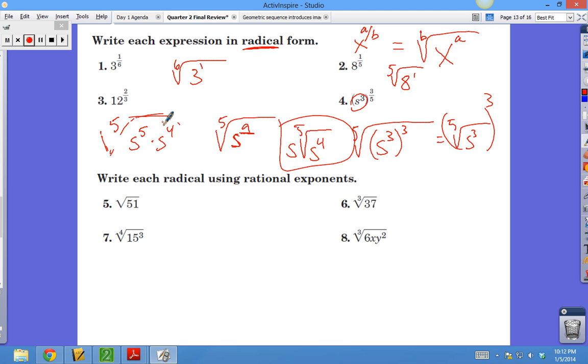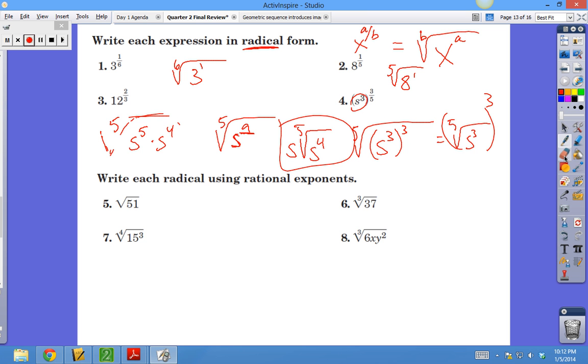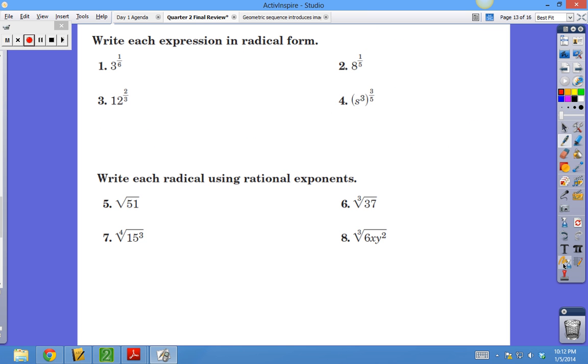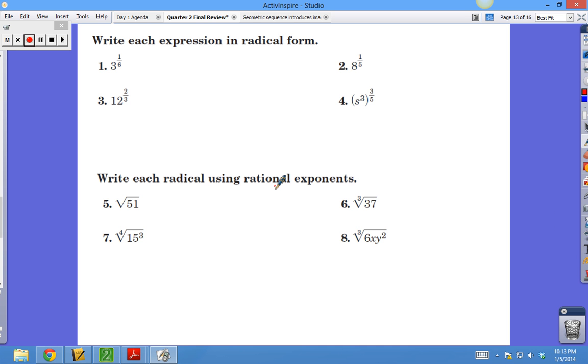Okay, look at number 6. Let's do 6 and 8. Number 6: if you want to morph it back to a rational exponent, this is going to be 37 to the 1/3. Number 8: it might be a little tricky because there's kind of 3 things in there.